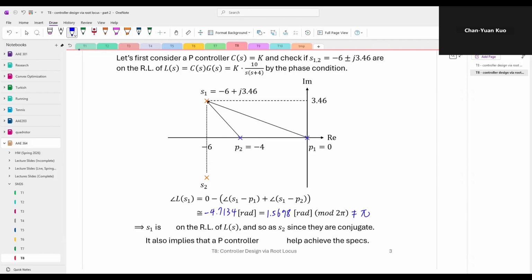So the phase condition is not satisfied, and the desired closed loop poles are not on the root locus. And therefore, the P controller cannot achieve these specifications.